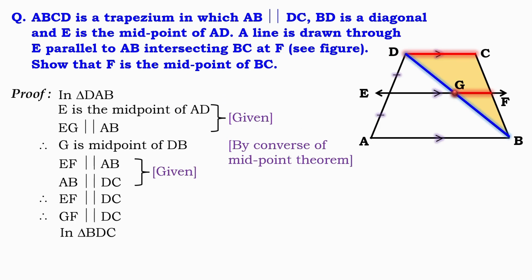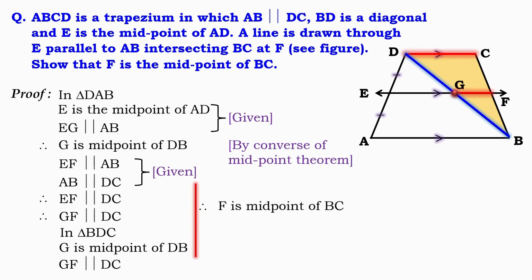So, let us write it down. In triangle BDC, G is the midpoint of DB and GF is parallel to DC. So, F is the midpoint of BC by converse of midpoint theorem. So, that's what they are asking to prove, that F will be the midpoint of BC. So, that we have already proved. Okay, so now let's move to the next problem.